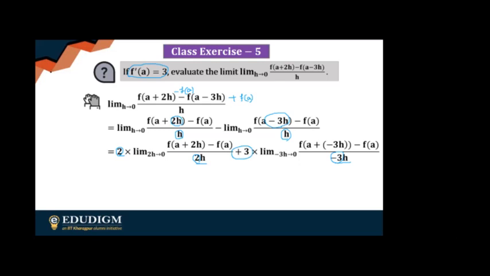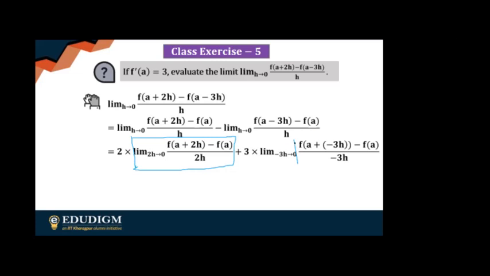Now, if you look at this particular, let's look at this one. Limit something tending to 0, f of a plus that thing minus f a divided by that thing, okay? So now you can clearly see how the standard form looks like.